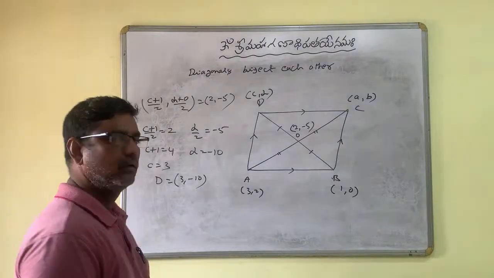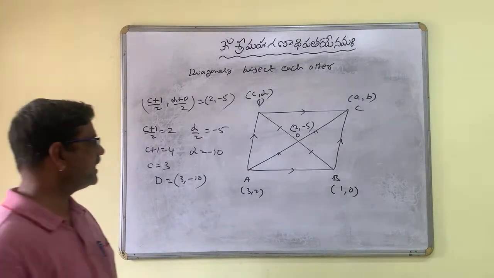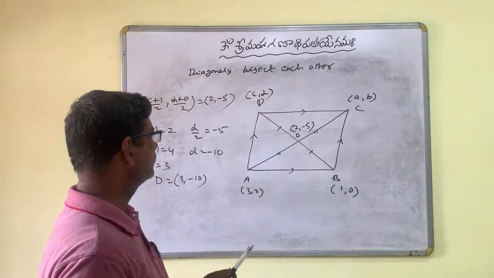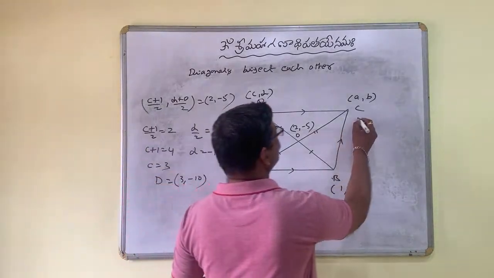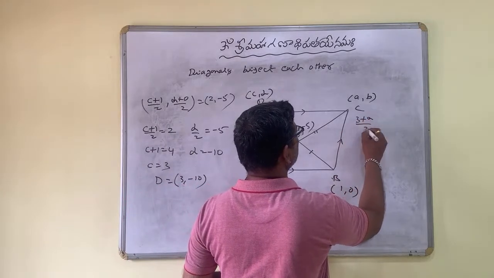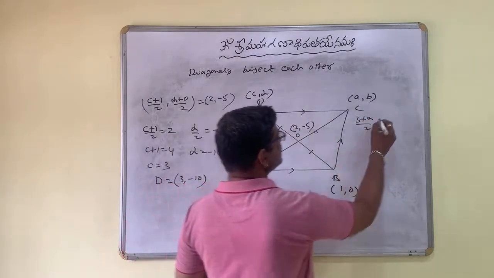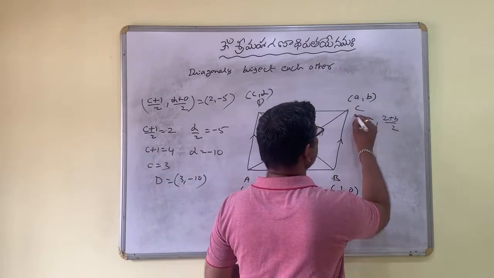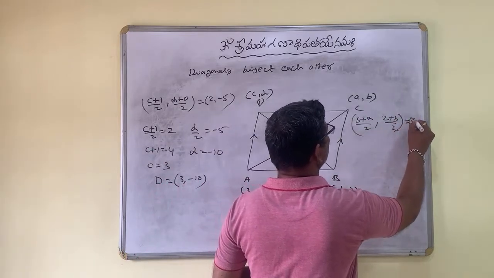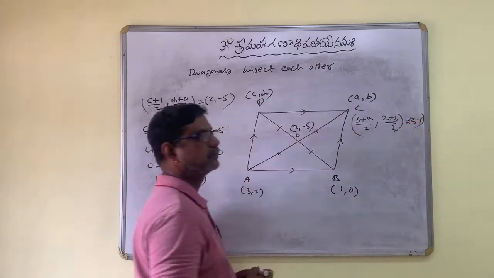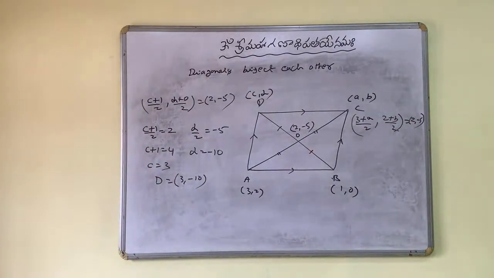Now find out the midpoint of AC. Midpoint of AC is (3 plus a by 2, 2 plus b by 2), which is equal to (2, -5).